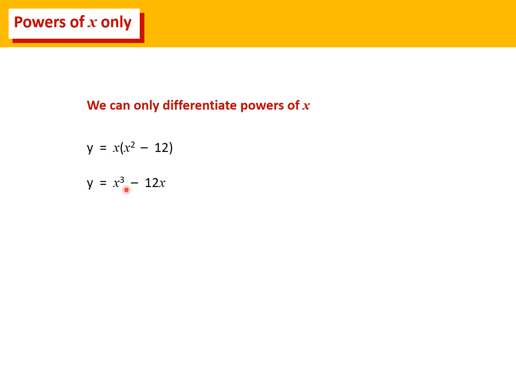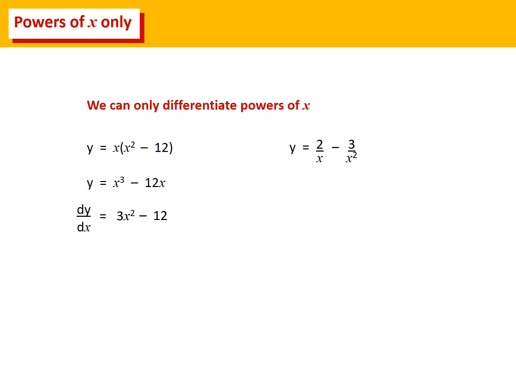Once we've got an expression written as powers of x only, now we can differentiate. So when we differentiate x cubed, the 3 comes down to the front. We reduce the power of x by 1, so we end up with 3x squared. And the minus 12x, when we differentiate, becomes subtract 12.